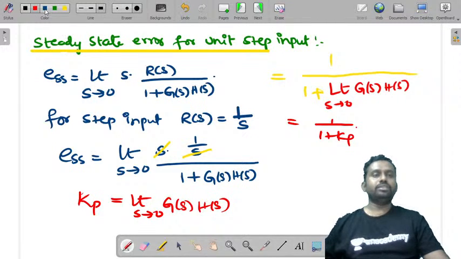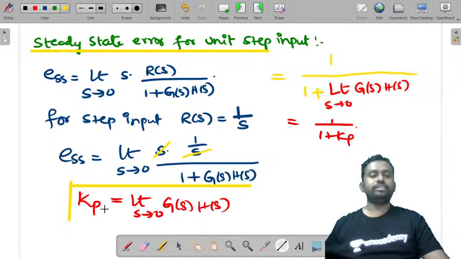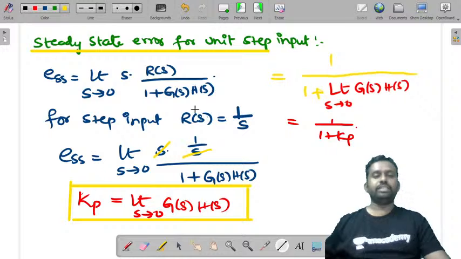Everyone has to remember this. This is very important. You'll have to solve problems based on these values of steady state errors and error constants. This is one of the important topics which will appear in your semester examinations, wherein you'll be asked to find the error constants as well as steady state error.